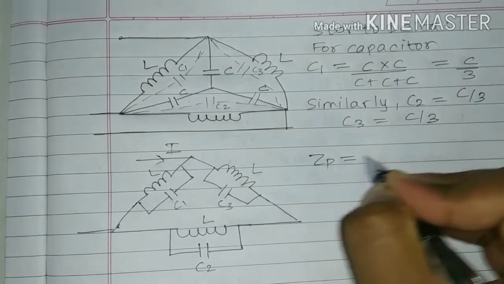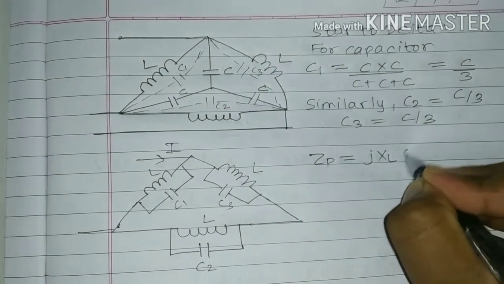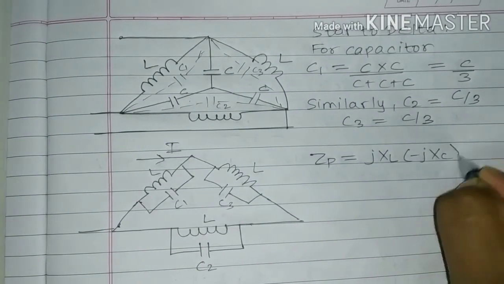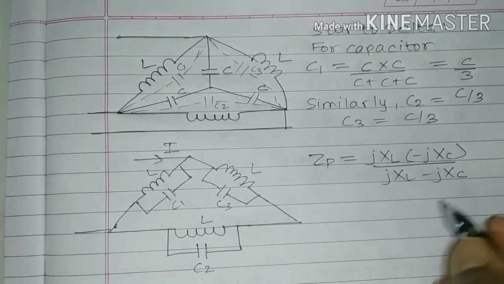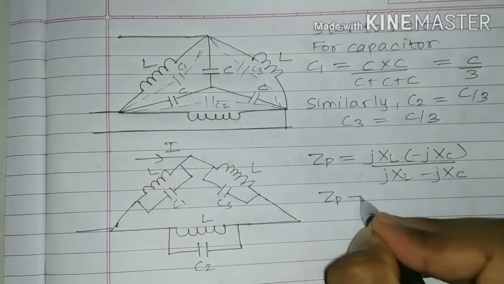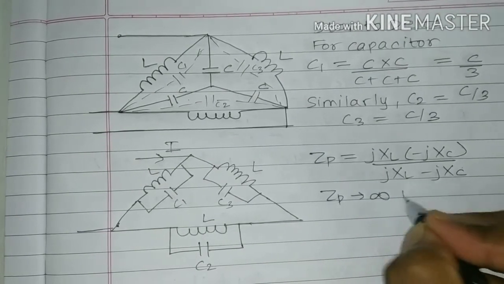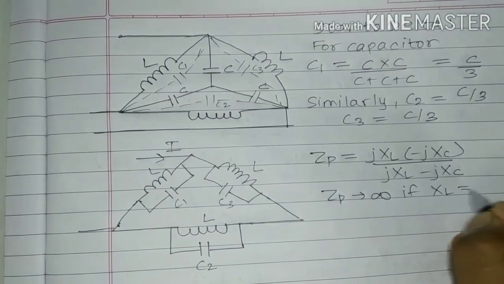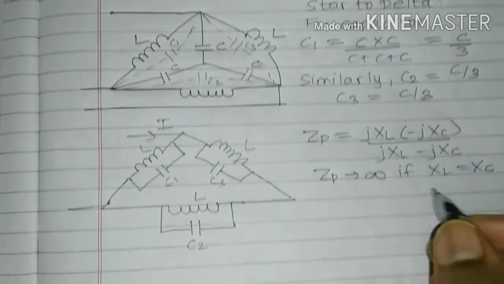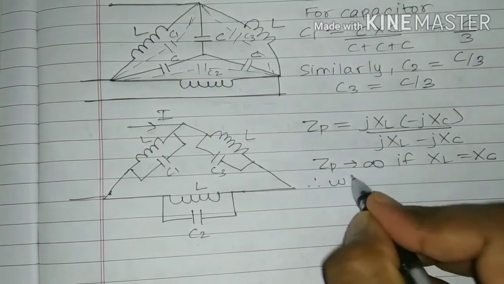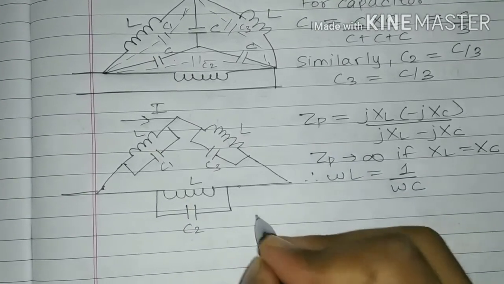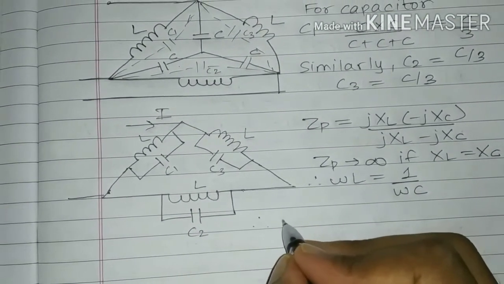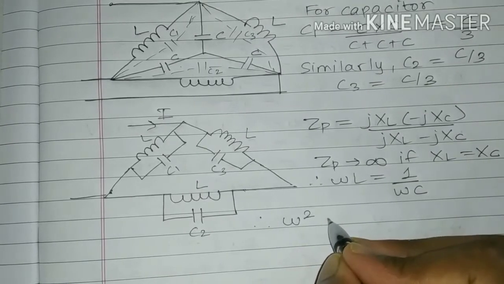So Zp is equal to jXL into minus jXC divided by jXL minus jXC. Now Zp will be equal to infinite when XL is equal to XC, that is omega L is equal to 1 upon omega C. Therefore, omega square L is equal to 1 by C.